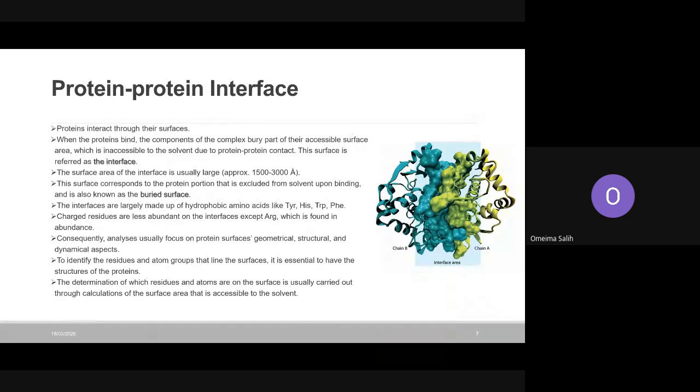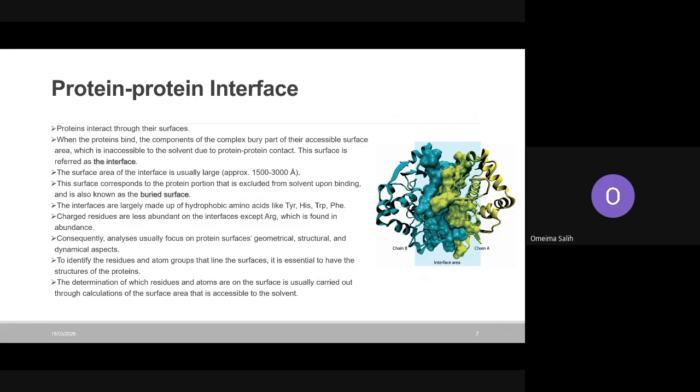Okay. So what's the protein-protein interface? As I mentioned, proteins or polypeptide chains interact through their surfaces.